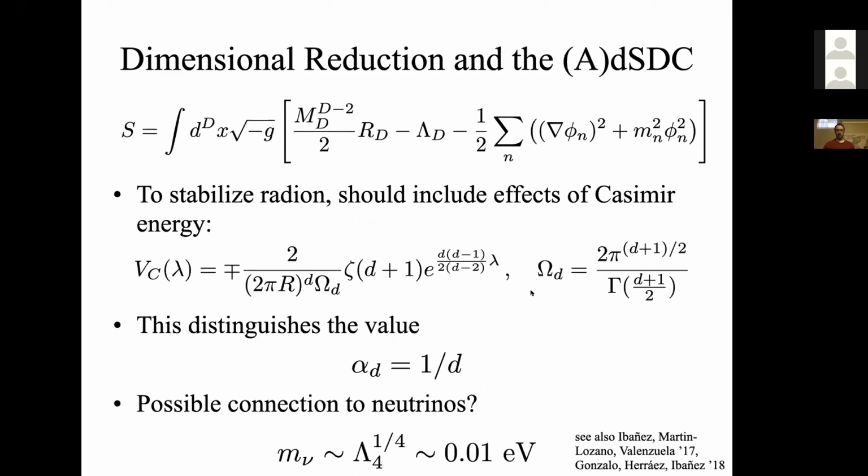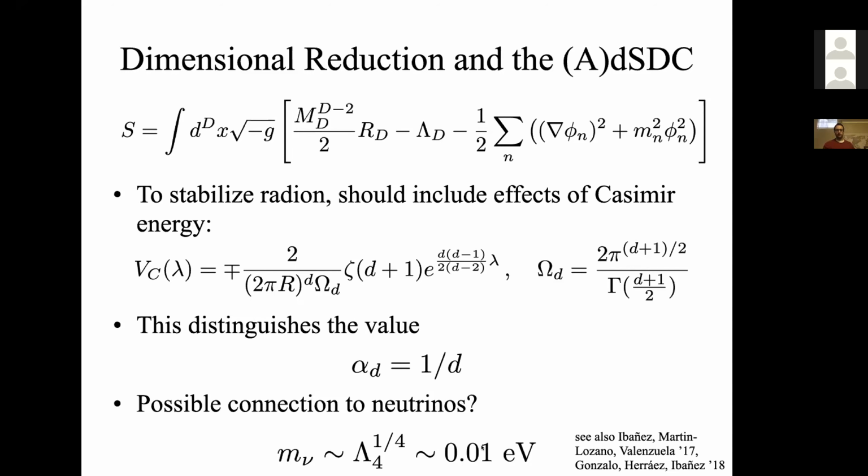It gives a competing contribution to the potential for the radion lambda. When the dust settles, what you find is that there's another value which is distinguished by dimensional reduction, which is alpha equals 1/d. This is another physically interesting value because of the possible connection to neutrino physics. In our universe, the mass scale of neutrinos is roughly on the order of the cosmological constant to the 4th power.